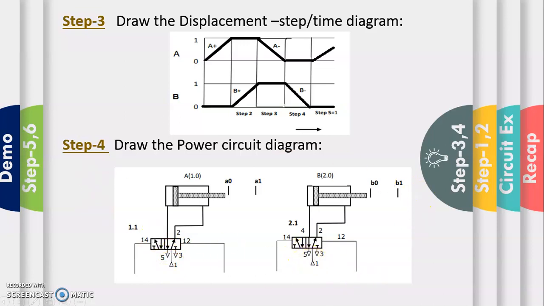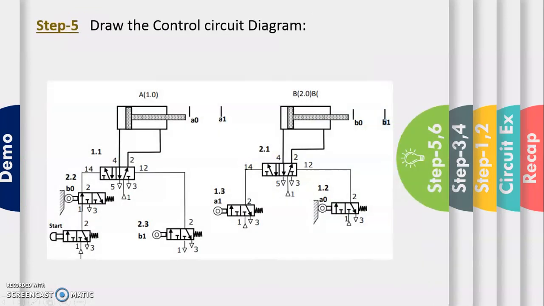So this setup is said to be the power circuit. And step 5 will be the control circuit, where you select how many sensors you are going to use. Here, for extend and retract position, I have to select A0 and A1 as sensors, and for the stamping operation, B0 and B1 will be the sensors. So totally 4 sensors I have to select.